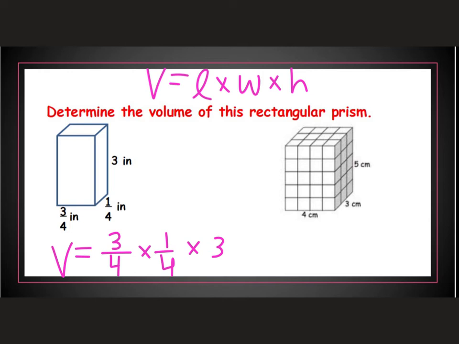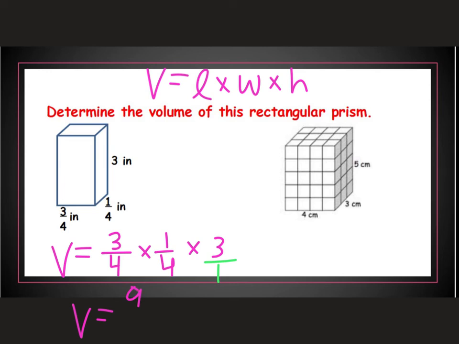So I'm going to do that and change 3 into 3/1. And remember, when you're multiplying fractions, all you have to do is multiply numerators, multiply denominators. So when I do that, just looking at my numerators first, we have 3 times 1 is 3, 3 times 3 is 9, so my numerator would be 9.